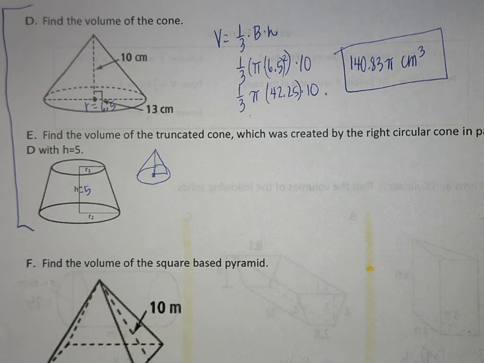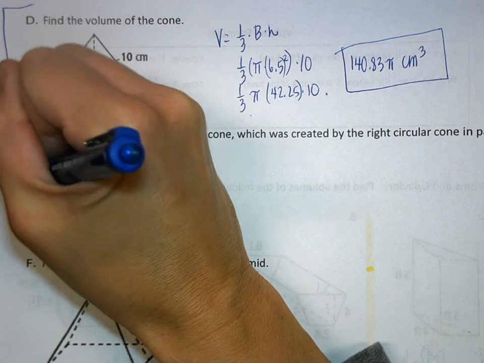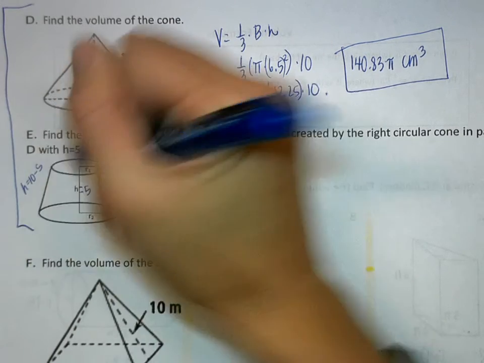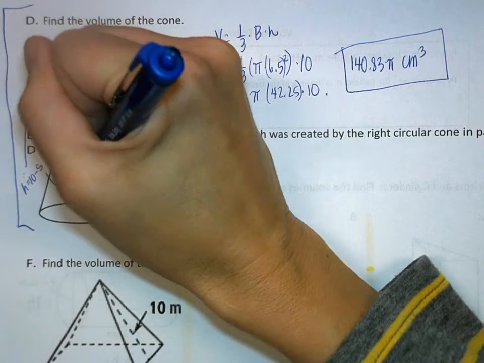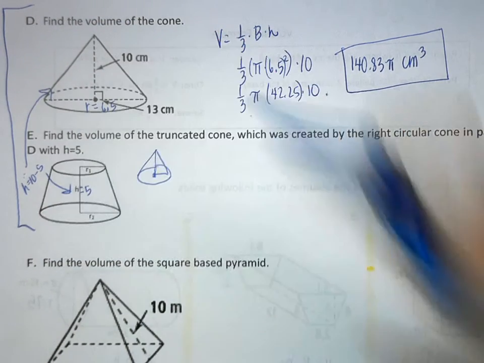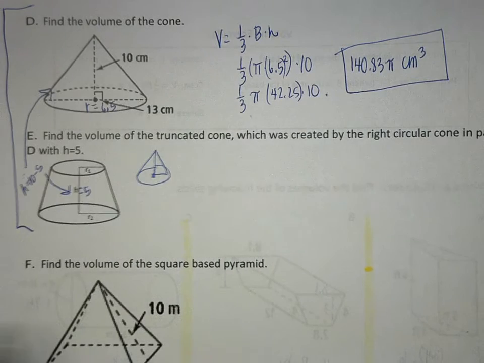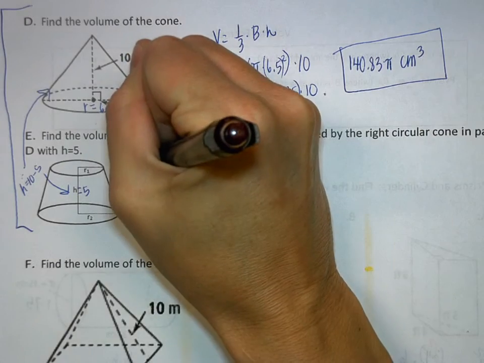Subtract it. Exactly. You would take your 10 here. So for our heights, I'm going to go 10 minus 5. So I'm going 10 from the top and then 5 from here to get the piece of the cone that was cut off, which ends up being 5. Okay, so we know this is 5.